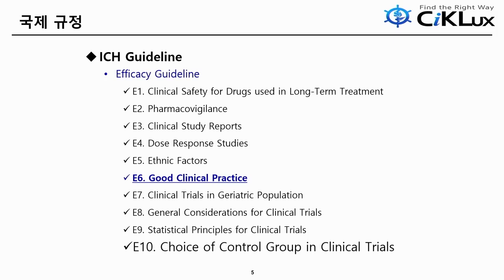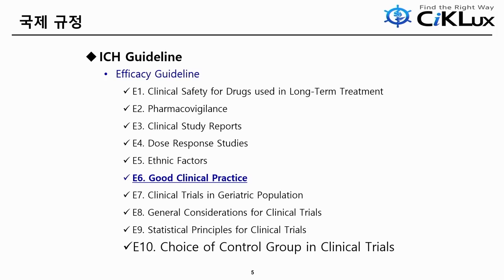Then of the efficacy guidelines of ICH, E1 and E2 are also important guidelines. Of course, E2, E5, E8, E9, and E10. Other efficacy guidelines need to be read together with the E6 in order to understand the GCP.